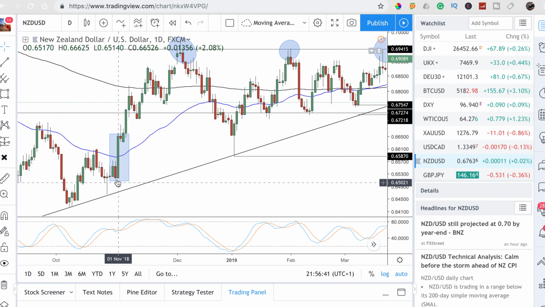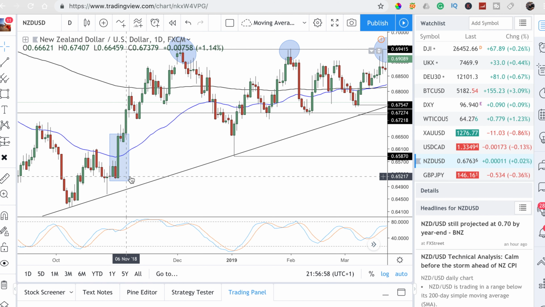You can actually see the candle just before is also an engulfing candle, but it's a bearish candle. So you can see that the bulls try to push the price higher. The bears came in and said, "Hey, hold on, we're not going anywhere just yet." But unfortunately, the bulls were too powerful the following day and smashed straight through.